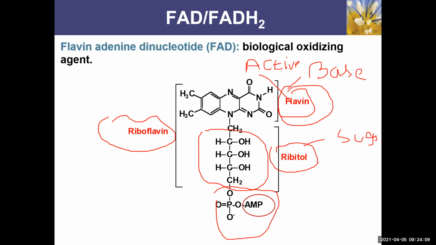If you remember the Haworth structure in carbohydrates, we should have a carbonyl group over here, right? So there's no carbonyl group here, and since there is no carbonyl group, it cannot form the Haworth structure. So that's why it is neither a ribose nor a deoxyribose. This you have to remember.